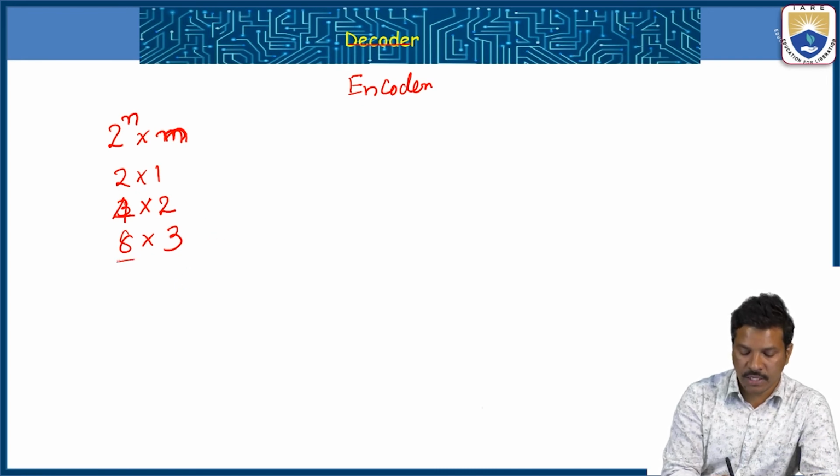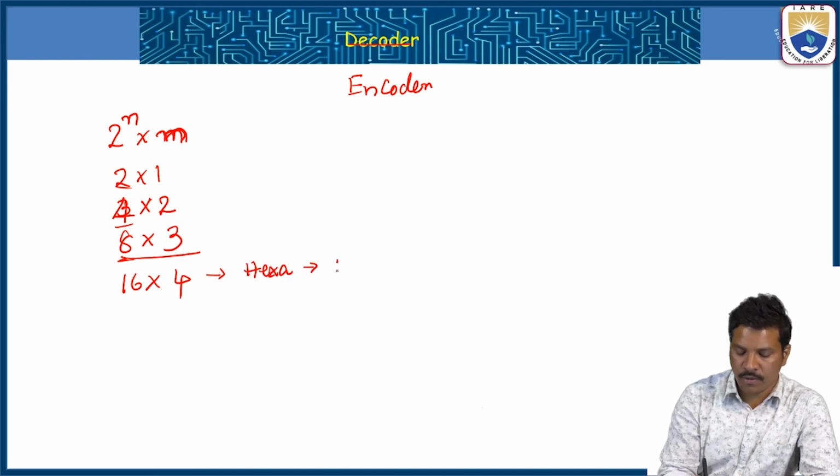In this case, these numbers represent the decimal numbers. For example, 8 by 4 and 16 by 4, it is hexa to binary, and octal number to binary.